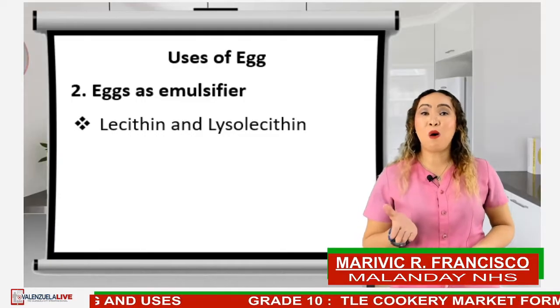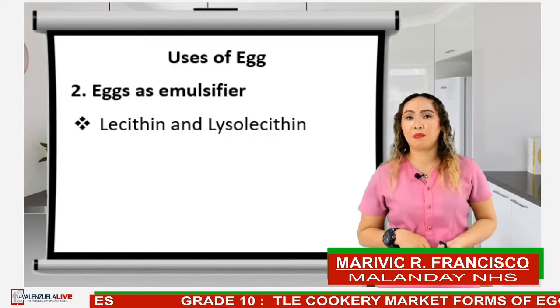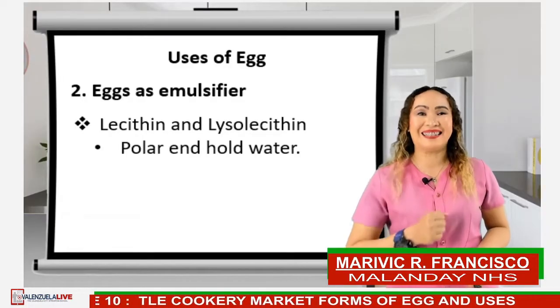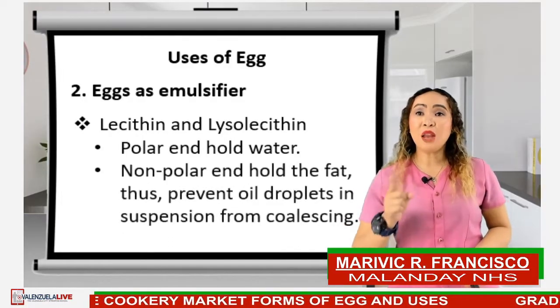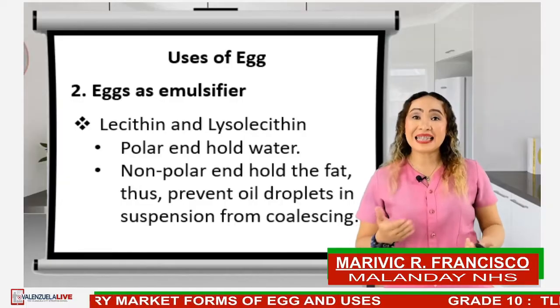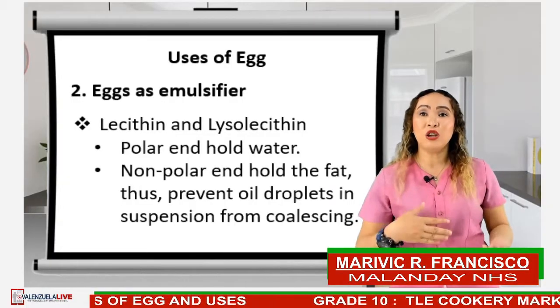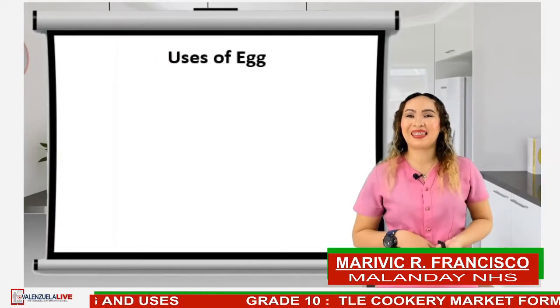So what are these polar and non-polar ends? When you say polar end, it holds water. When you say non-polar end, it holds the fats, thus preventing oil droplets in suspension from coalescing.